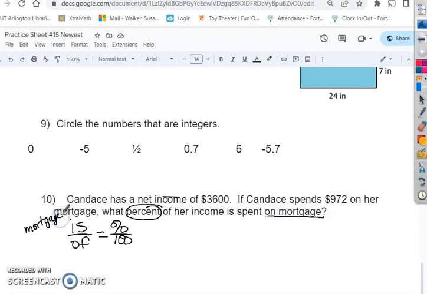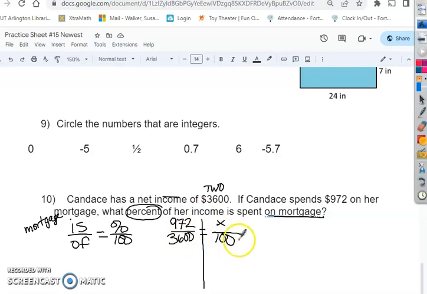I don't have to subtract. I'm not looking for percent discount. I put however much is mortgage on top. 972 is mortgage. That's the is. So this will be the percent for mortgage. The of, we know that is the total, the whole original. That's 3,600, and we know 100 goes there, okay?